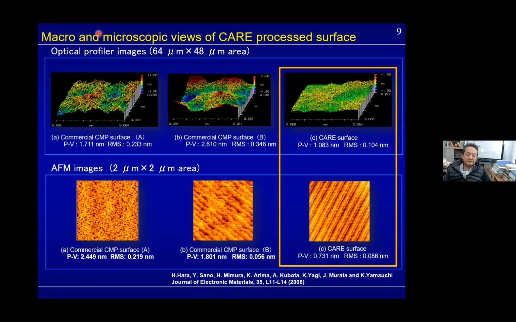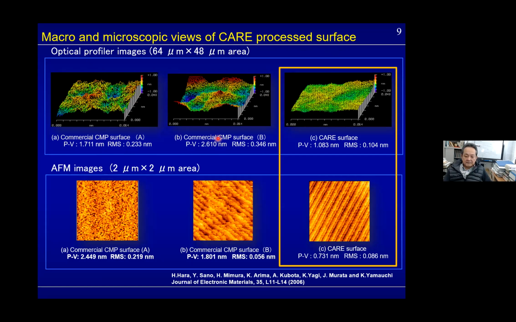This is the macro and microscopic views of the CARE processed surface, compared with surfaces prepared by the CMP method. In CMP-A, in the macroscopic sense, the surface looks good, but in the microscopic sense, the crystallographical property is not so good.